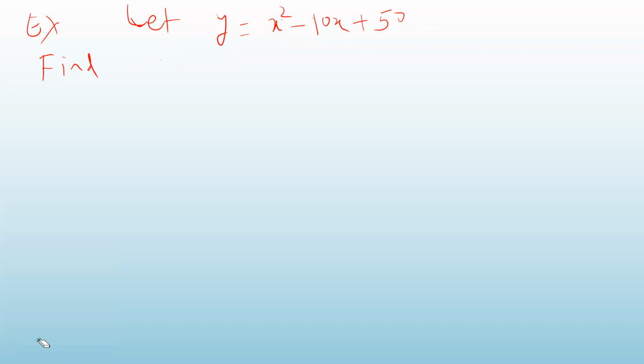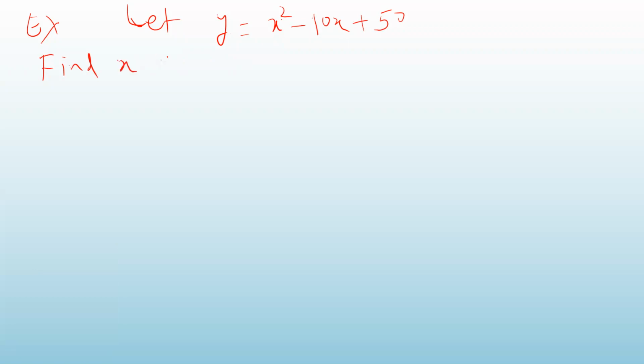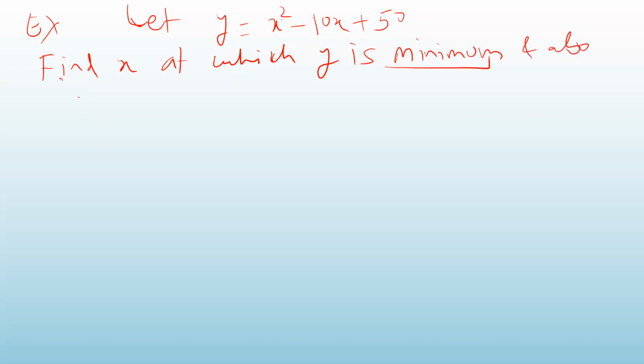Find the value of x at which the function is minimum. Find x at which y is minimum. At which point the function is taking the minimum value. And also find the minimum value of y.